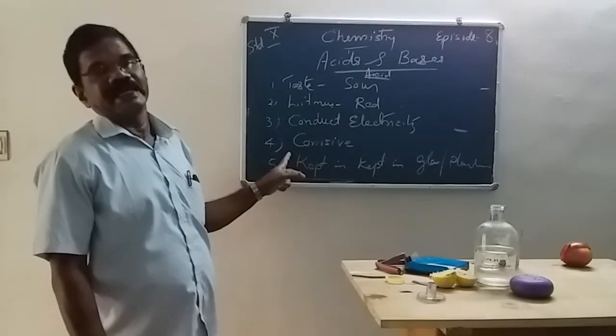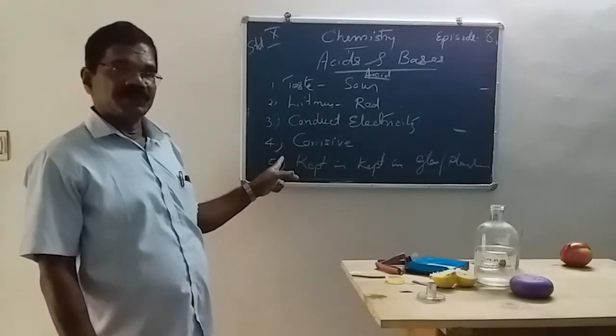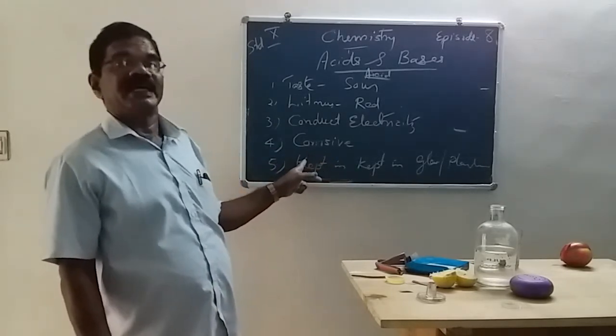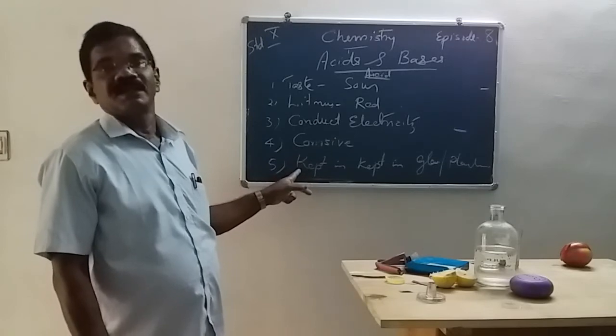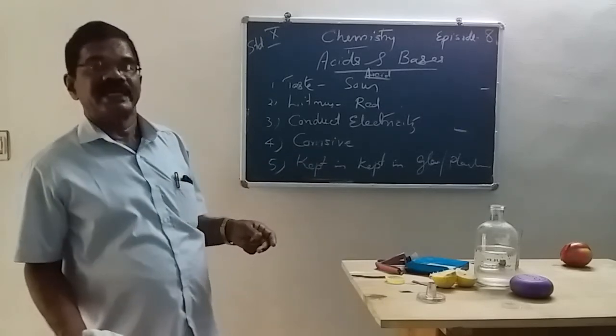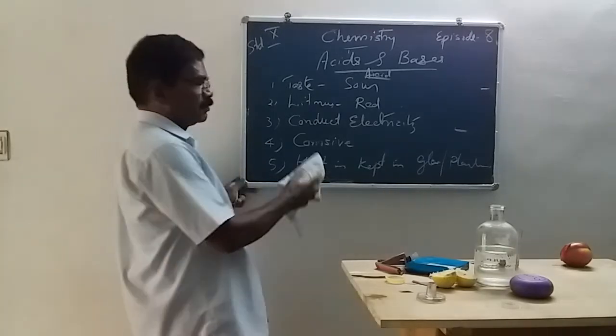They react with metals to produce hydrogen, and they react with carbonates and bicarbonates to produce carbon dioxide. And another property: acids react with bases to form salt and water.